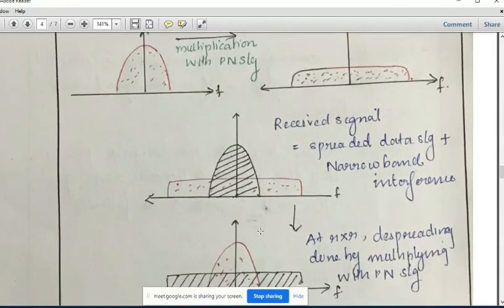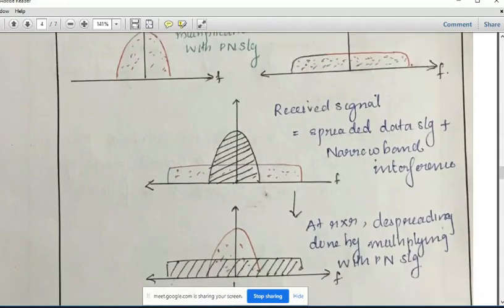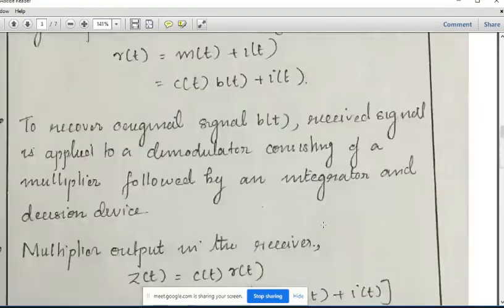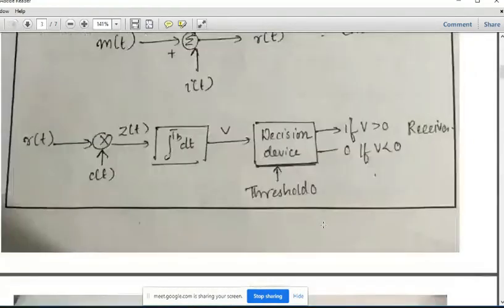So at the receiver side, despreading is done by multiplication with PN. We are multiplying with the C of t at the receiver side, that is, despreading is happening at the receiver side.